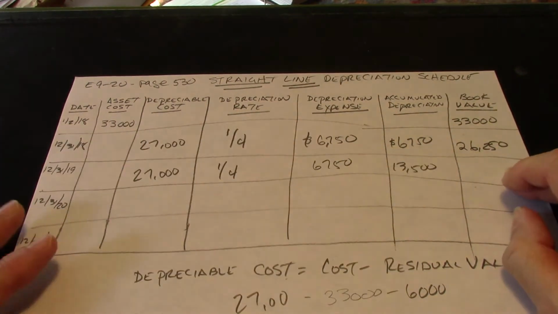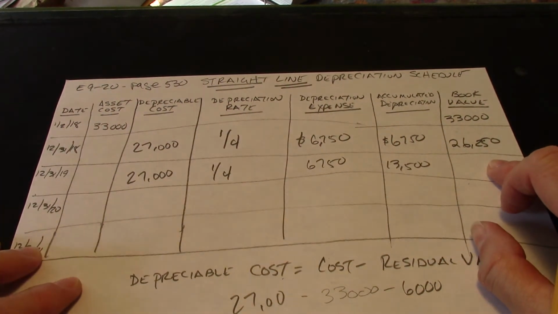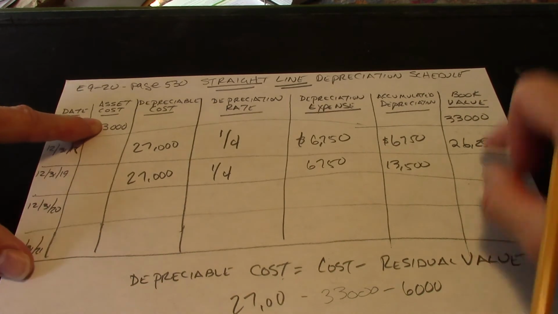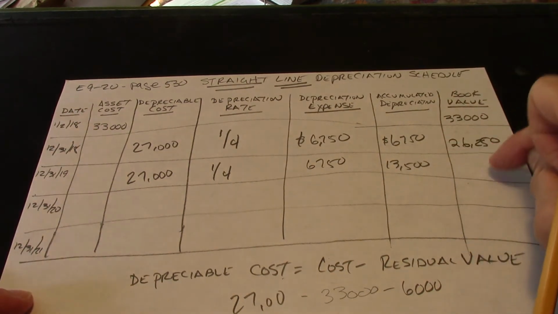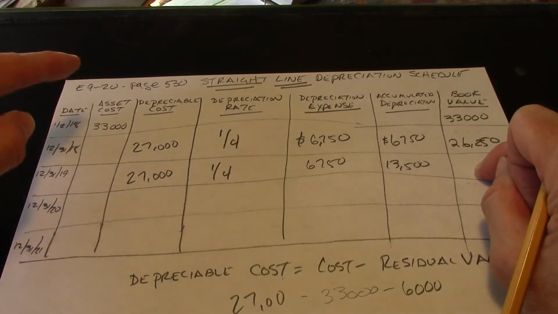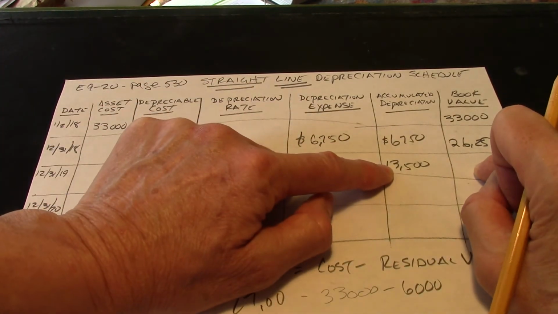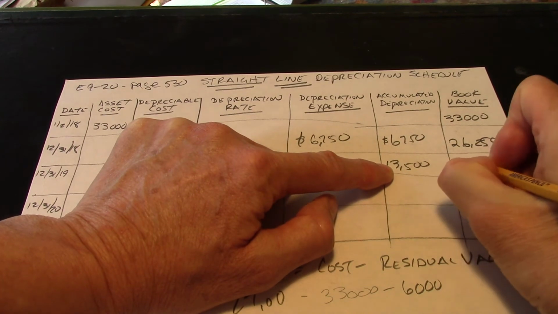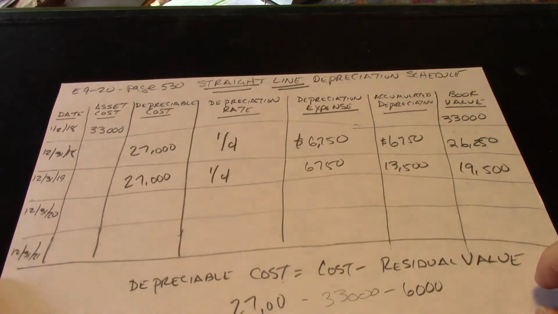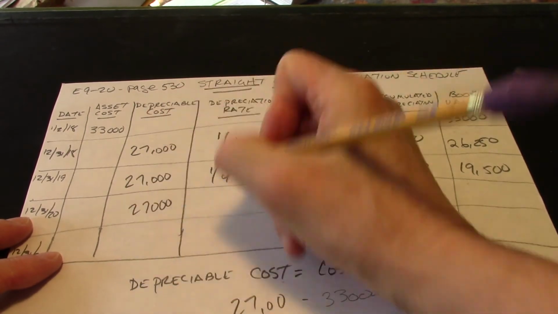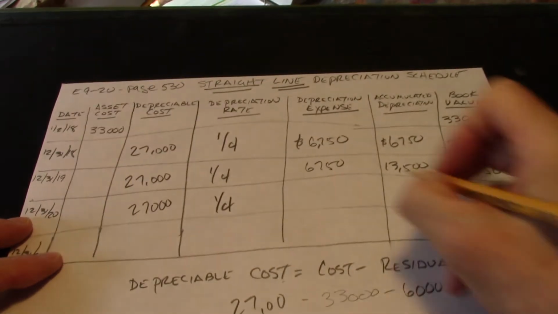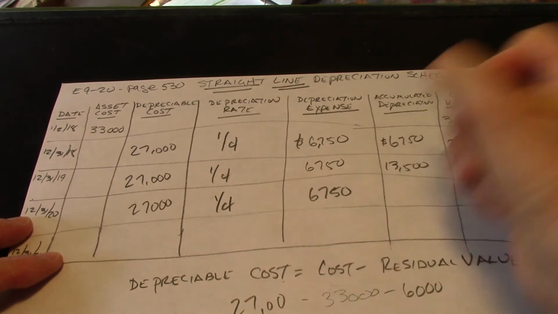Book value, the words book value always mean asset cost minus accumulated depreciation. So the book value for this year is 33,000 minus 13.5, or 19,500.